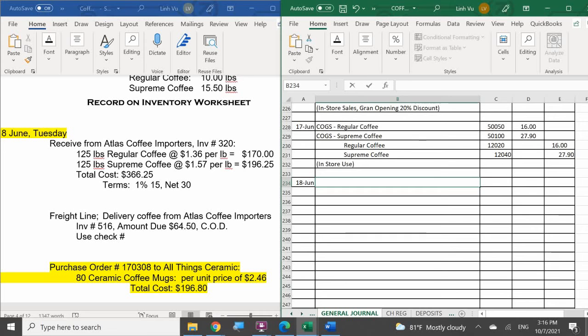Yes, we did, because why would a company bill us if we don't have the product? Did we pay for the coffee? It's right now under accounts payable, but in this case, we ordered more coffee.